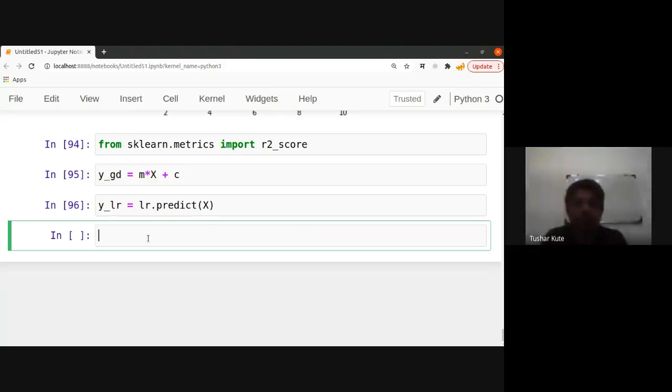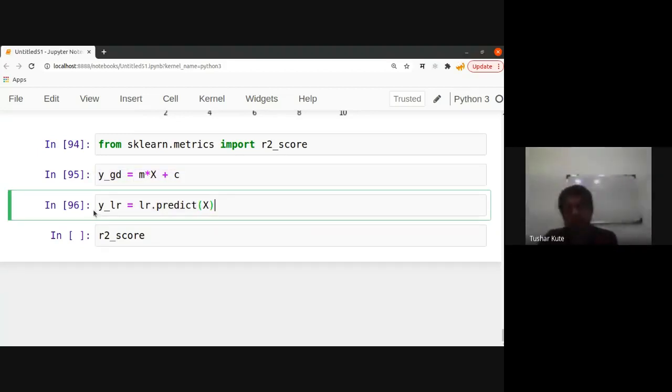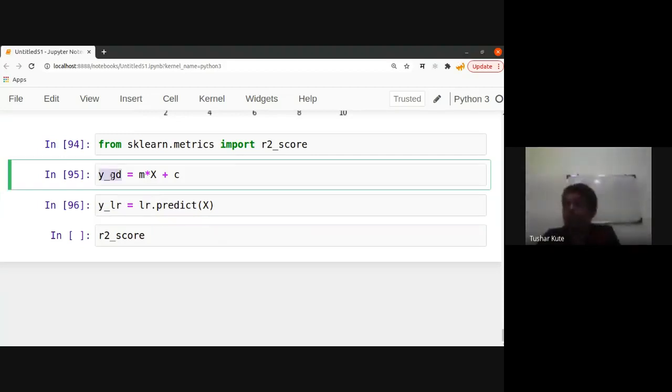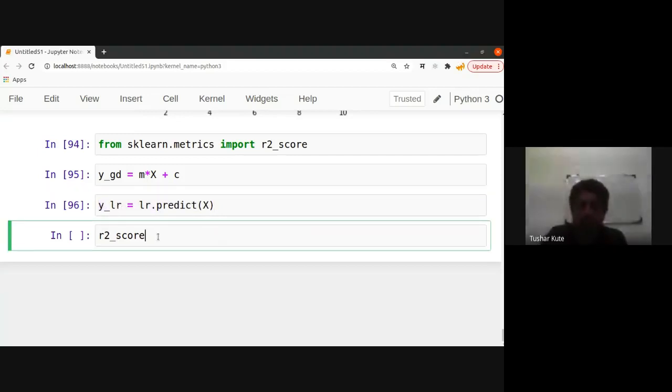And now we'll see the R2 score of both. Are you getting what I have done? I have done the prediction on the same data with the gradient descent algorithm, and on the same data with the linear regression algorithm. So Y_GD is the predicted values with gradient descent, and Y_LR is the predicted value with linear regression.